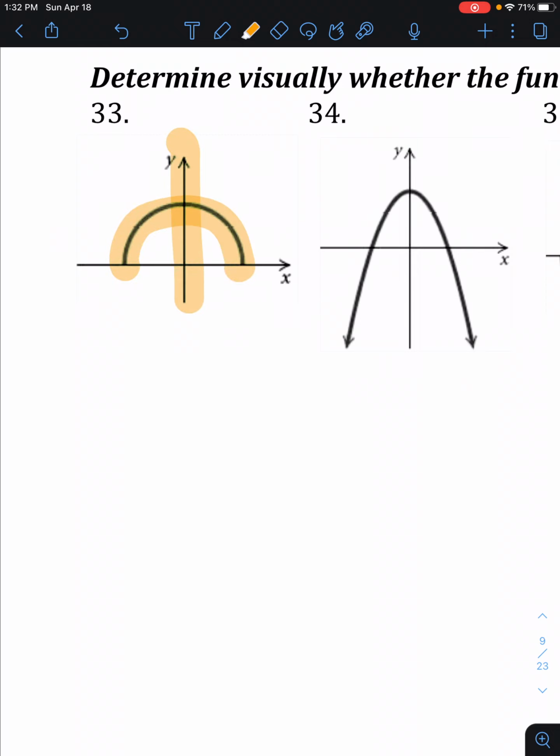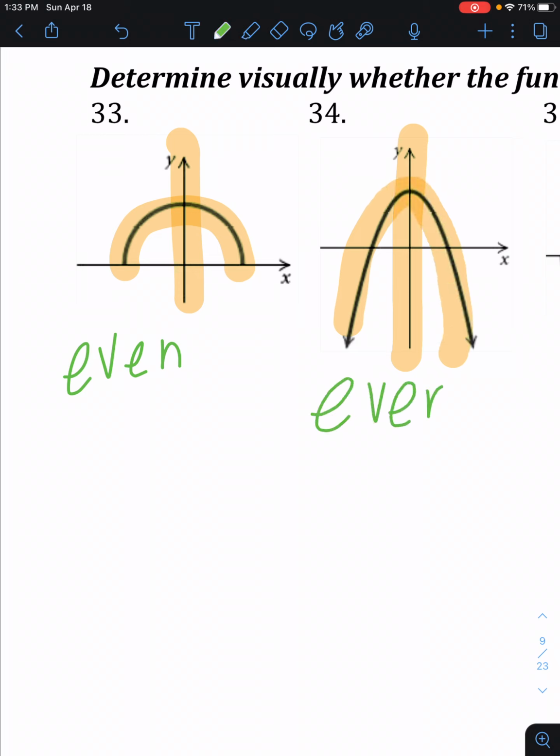Therefore, it is going to be even. If it flips over the y-axis, it's even. 34 is actually the same thing. It's a mirror image over the y-axis, so that's also even.